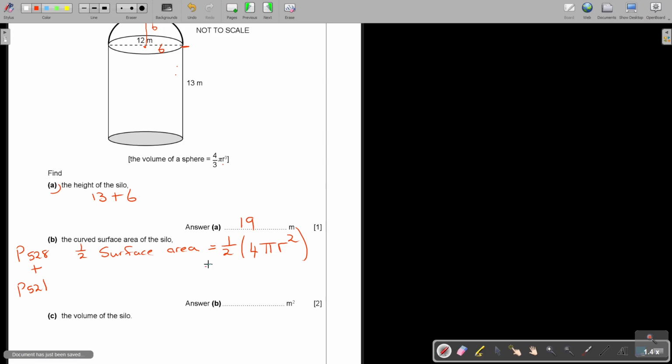So I'm just going to do 0,5 times the 4, and I'm going to work with 3,142. You can work with pi, and then don't forget that the radius was 6 square. Now, if I press that on my calculator, 0.5 times 4 times 3.142, like they said in the instructions, or I must use the real pi.